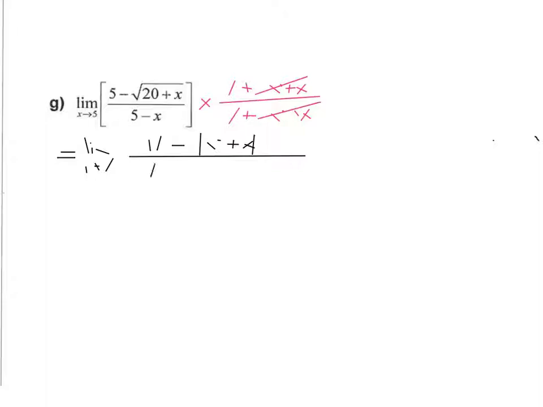And on the denominator, we'll leave that 5 minus x by itself, because we don't want to multiply this out, because hopefully, of course, we will cancel out our division by zeros.